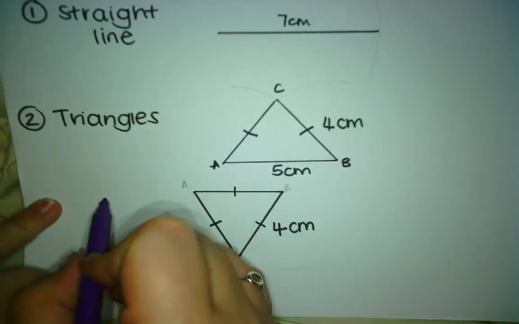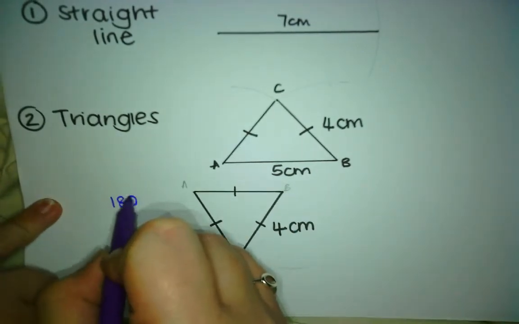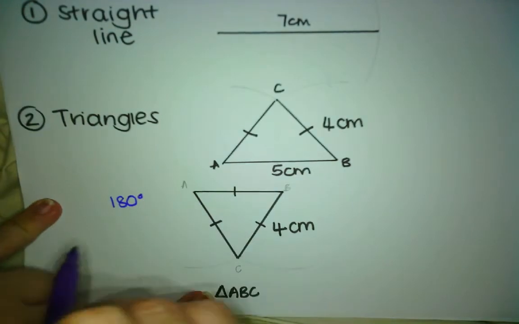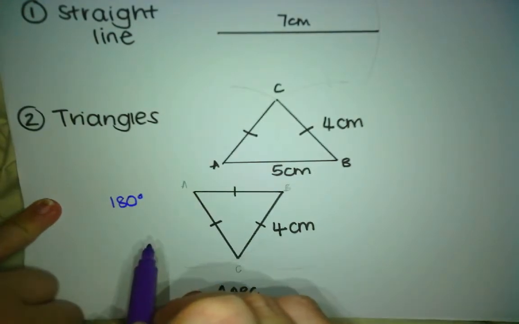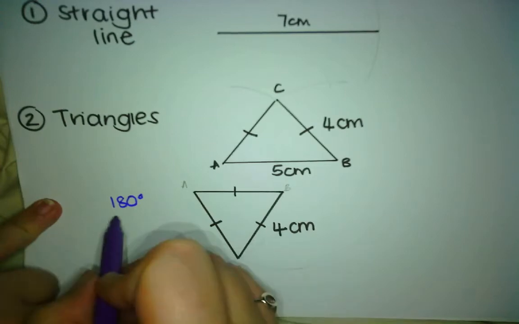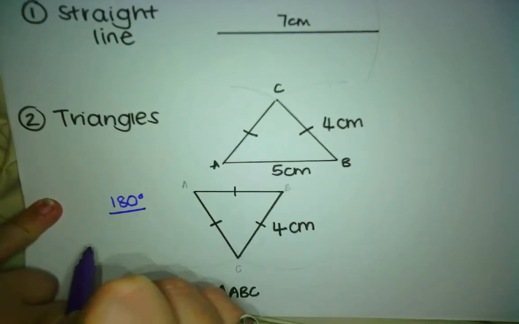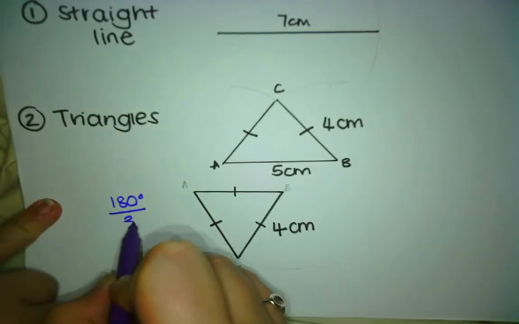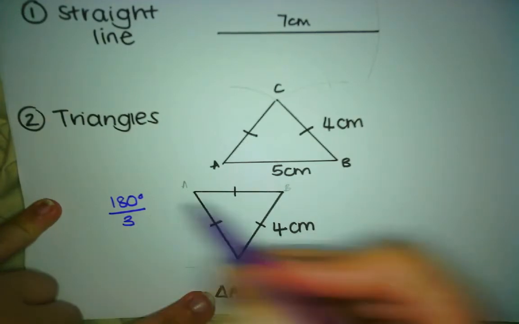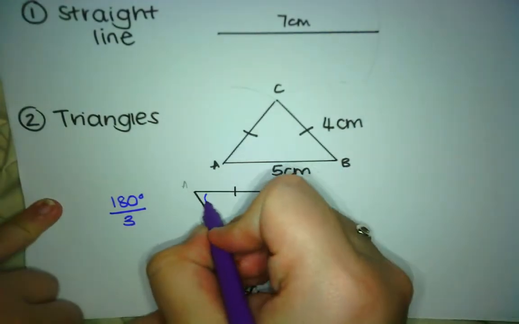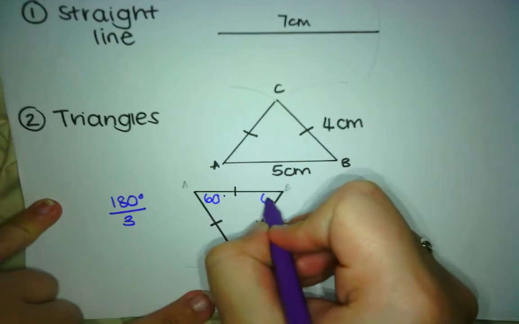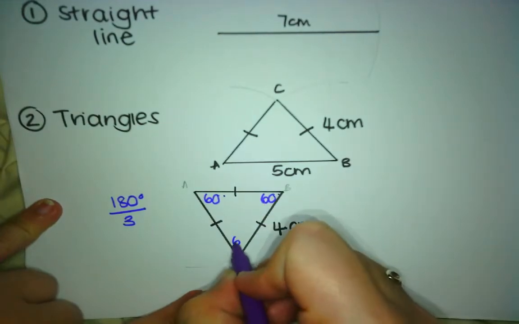A triangle adds up to 180 degrees in total, and because they're all the same, I'm going to divide it by 3. So 180 divided by 3 is 60. That means this is 60 degrees, 60 degrees, and 60 degrees.